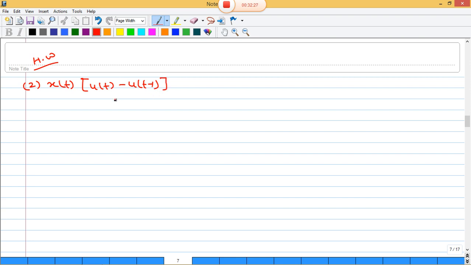So first of all you have to think about this term and then multiply with that. Second one is x of t times delta of t minus 3 by 2. Okay, just find out these two terms.